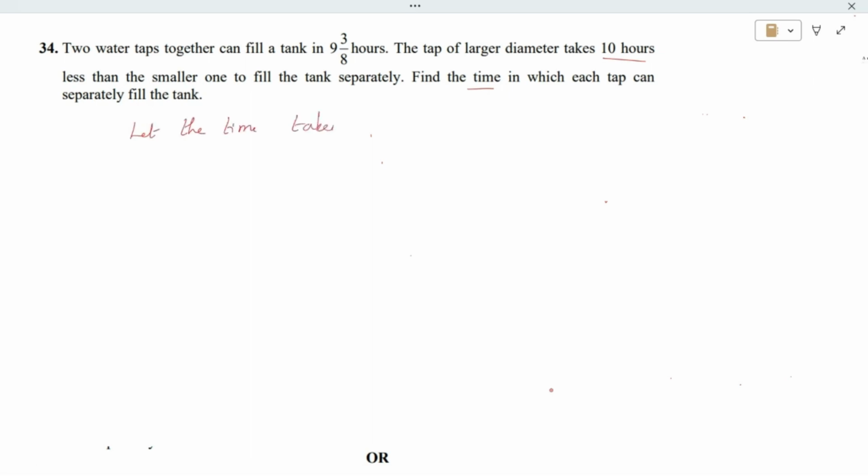So let me take the time taken by smaller pipe to fill the tank, okay, will be x hours, right? Similarly, the time taken by larger pipe. So they already said it is 10 hours lesser, so it is x minus 10 hours. So both the pipes fill the complete tank, the one tank, isn't it?